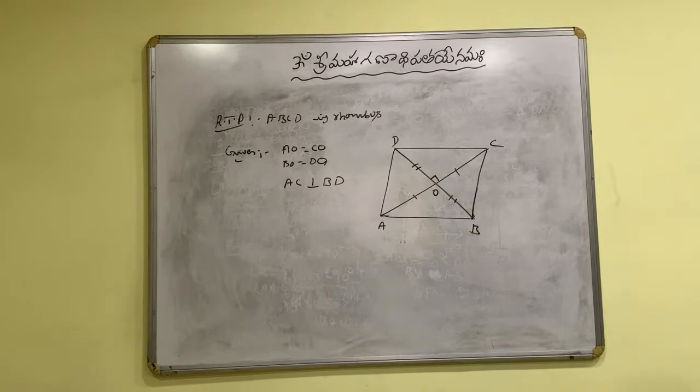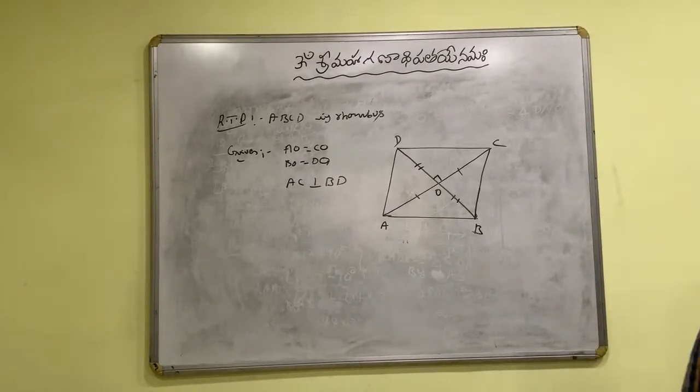If we prove all the four sides are equal in this quadrilateral, automatically that quadrilateral becomes a rhombus. Now, how to prove all the sides are equal?